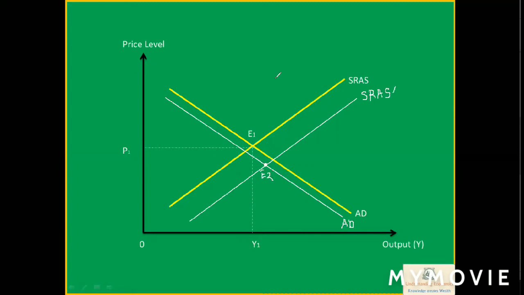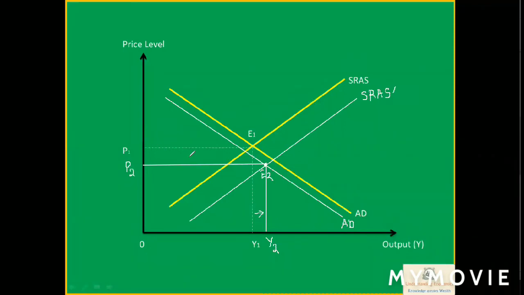Now at the new equilibrium, we can see that the output has increased. The output level has increased, and we found a new output level, which is Y2. So output has moved to the rightward direction, and the price has also moved down.